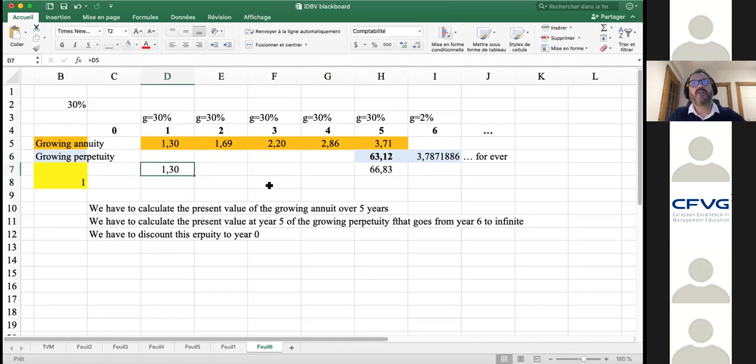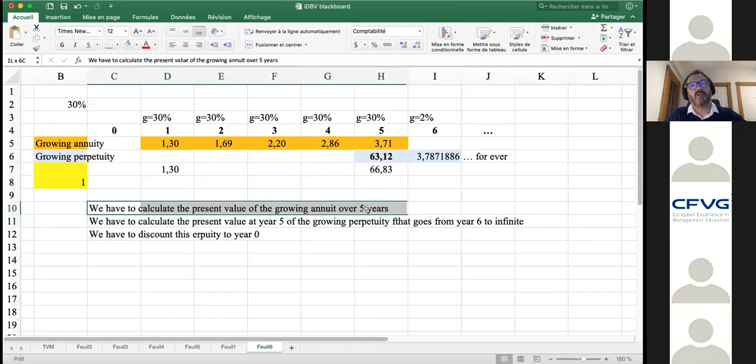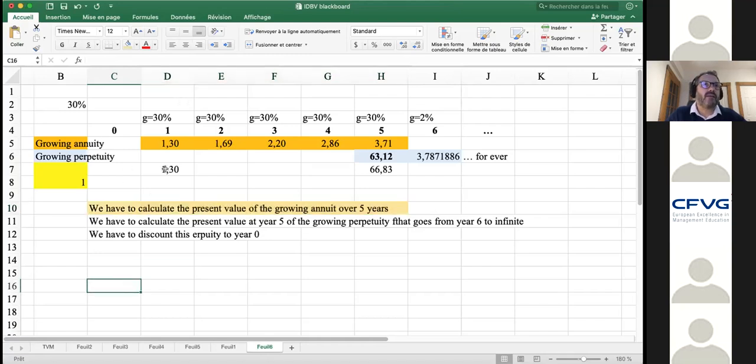Or another way to put it is to say I calculate the growing annuity over 5 years, which is the orange thing. And we have to calculate also the growing perpetuity, which is the blue thing.